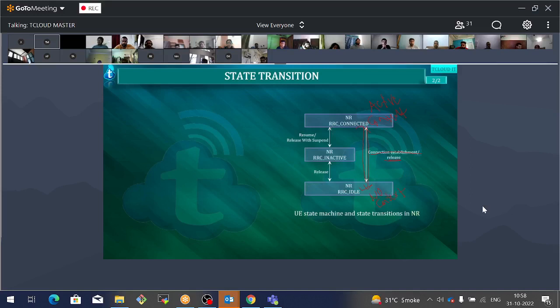But other than that, you have the middle part. From RRC connected, you release the RRC connection with suspend. That means it is not considered a complete release. It is considered the middle part where you go into inactive state, where the context is maintained, but the configuration details are considered inactive context, not active context.